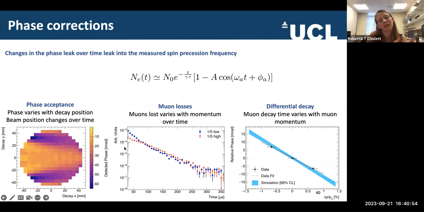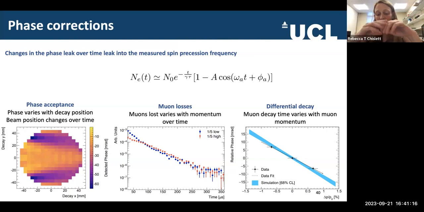And so this means that the average phase changes as a function of time. And then lastly, there's this correction called the differential decay. This is because if the muons have different momentum, then they have different gamma factors. So actually, the muon lifetime is different.